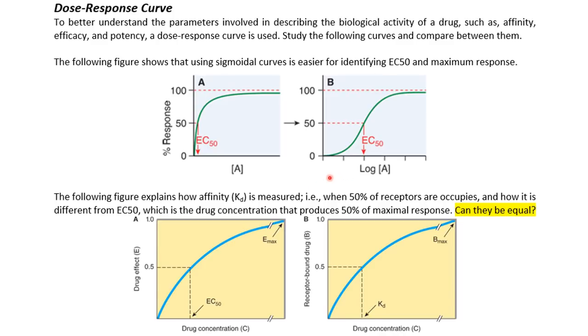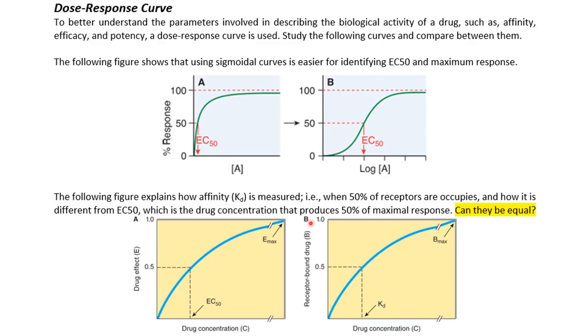Another way to look at the curve, which is the preferred way, is using the sigmoidal curve, with the log value for the concentration of the drug and then again the response of the drug. We prefer the sigmoidal curve here because, first, you can see easily when the drug reaches the maximum response. Here you will have to wait a longer time for the curve. Second, you can see the EC50 in the middle of the curve, which is easier to differentiate.